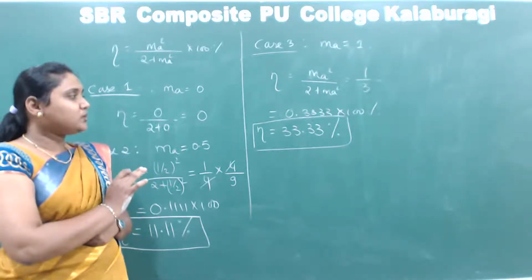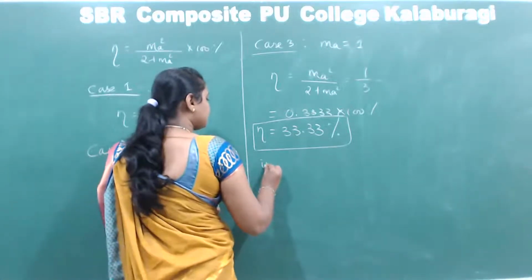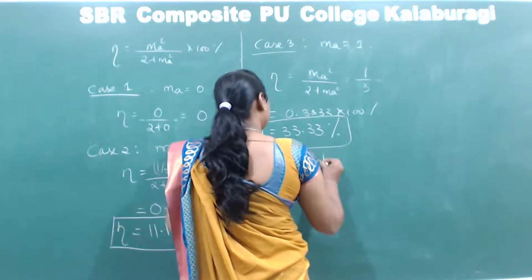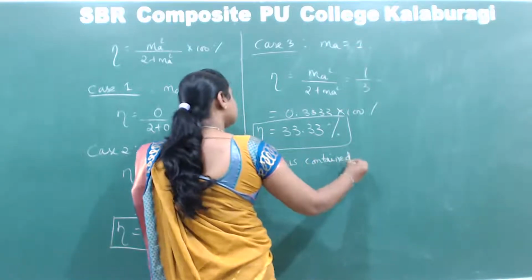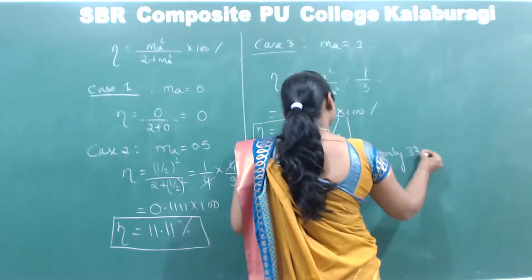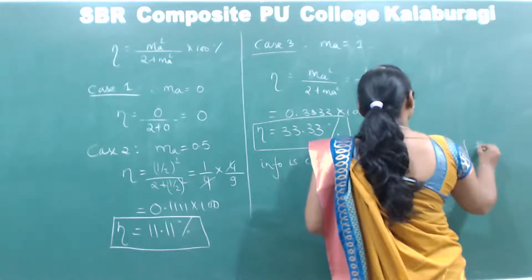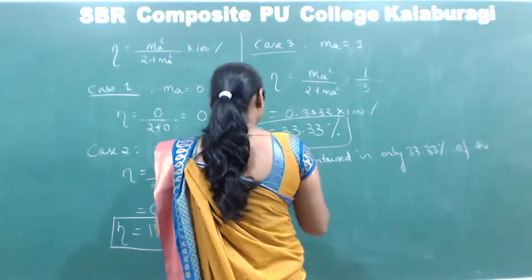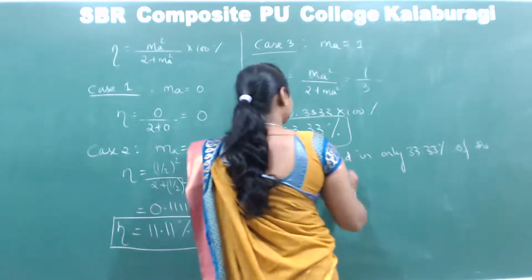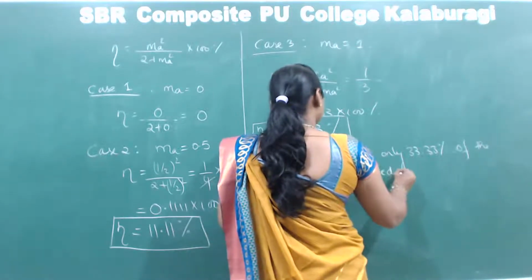Information is contained in only 33.33% of the total power transmitted.